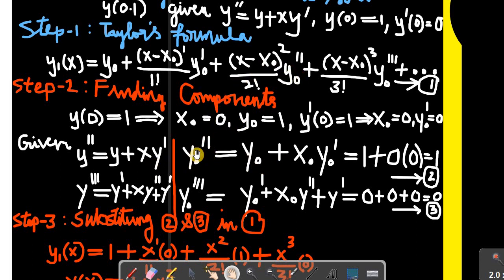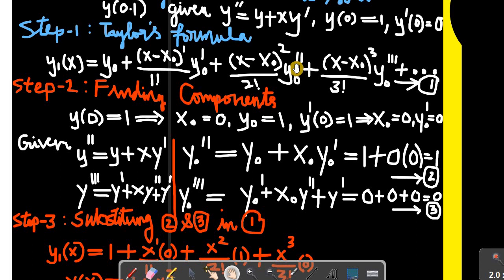Now I have got the value of the second derivative of y when x equals x naught, it becomes 1. Am I correct? So after knowing the second derivative of y at x equals x naught, I can substitute the value 1 here.